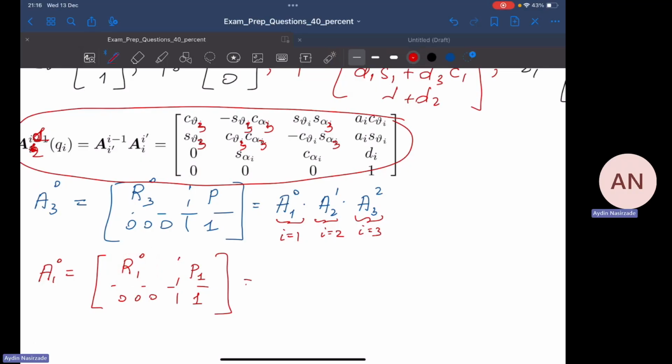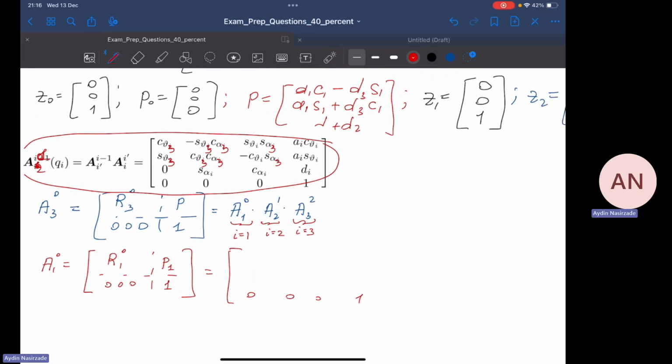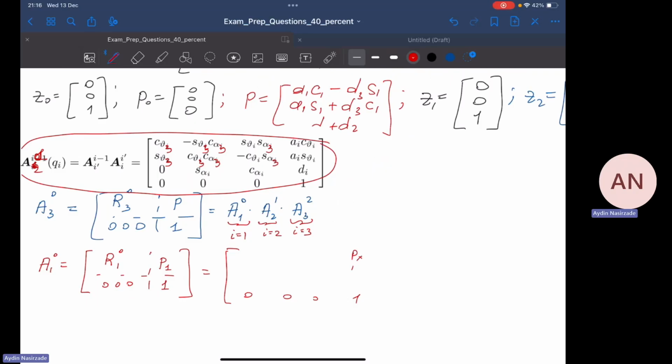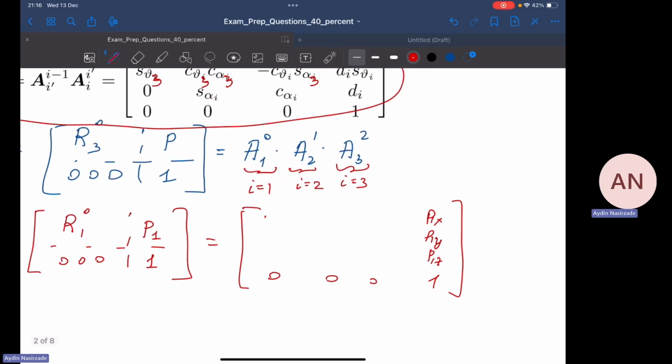So the rotation matrix is the geometric matrix, for example, and P1 is something else, let's say P1x, P1y, and P1z. Now here we have some values, let's say A, B, C, then D, E, F, then you will have 0, 0, 1.